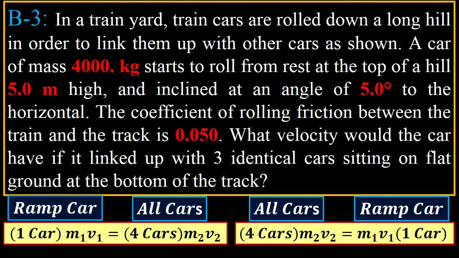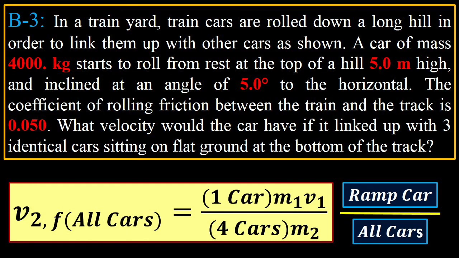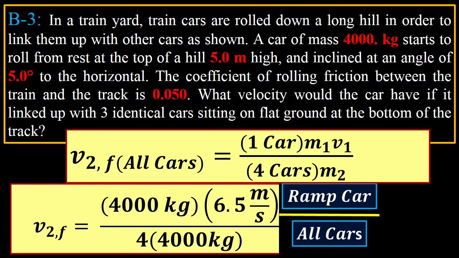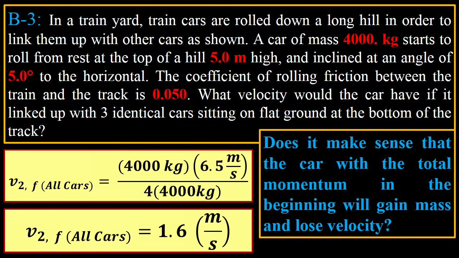So it'll be the right divided by the mass of all the cars. Now notice that the single car is the only thing in the numerator, and that's because the 3 cars are not moving, so that cancels out, that's 0.